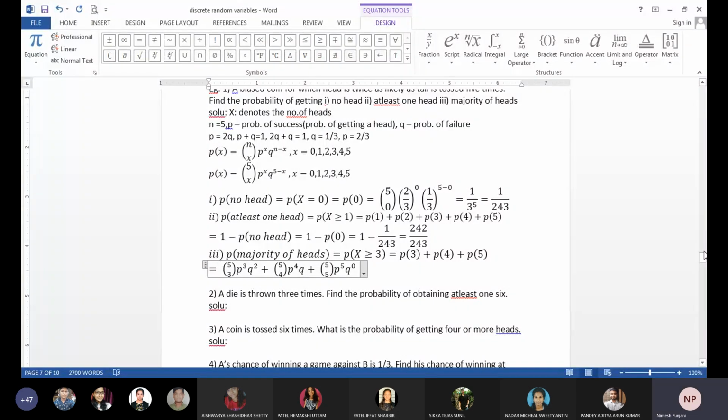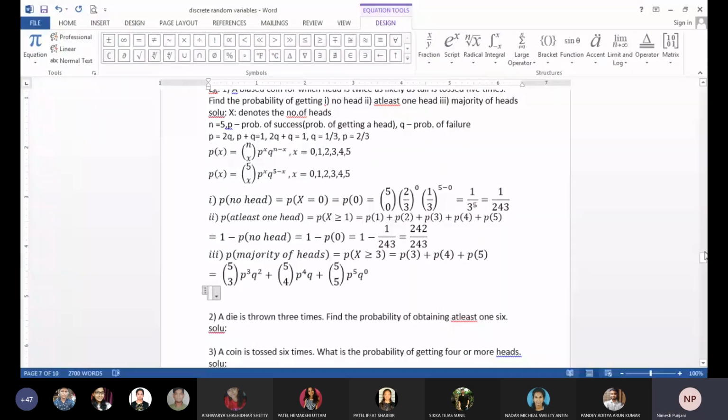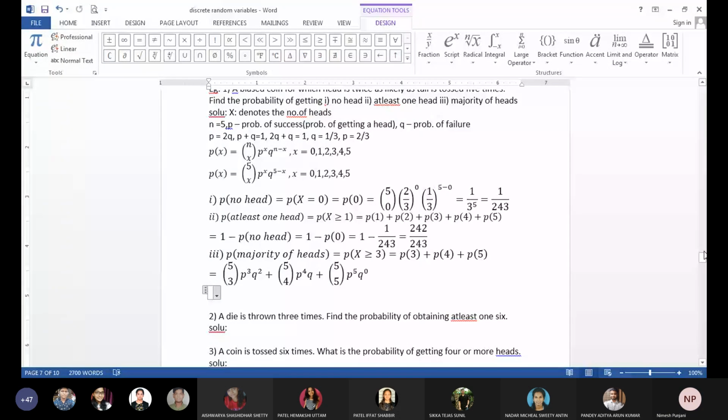So we have 5C3 P raised to 3 Q squared, 5C4 P raised to 4 into Q, and 5C5 P raised to 5 into Q raised to 0.